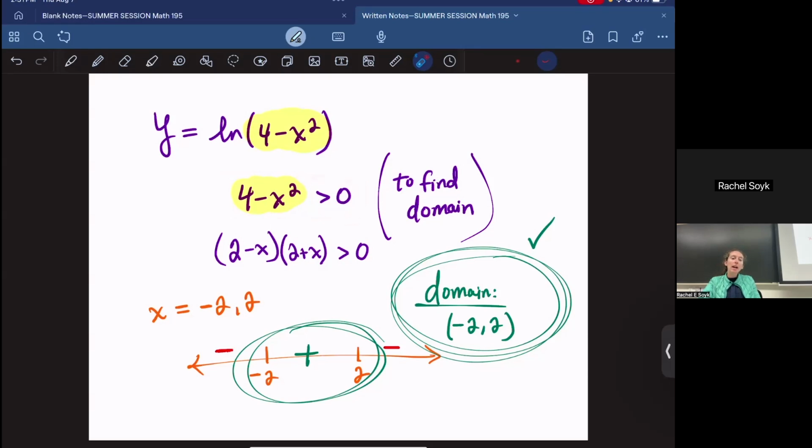And if you're ever hesitant about it, just test your values and you can see between which interval it is positive or negative, and you want to find only the positive ones.